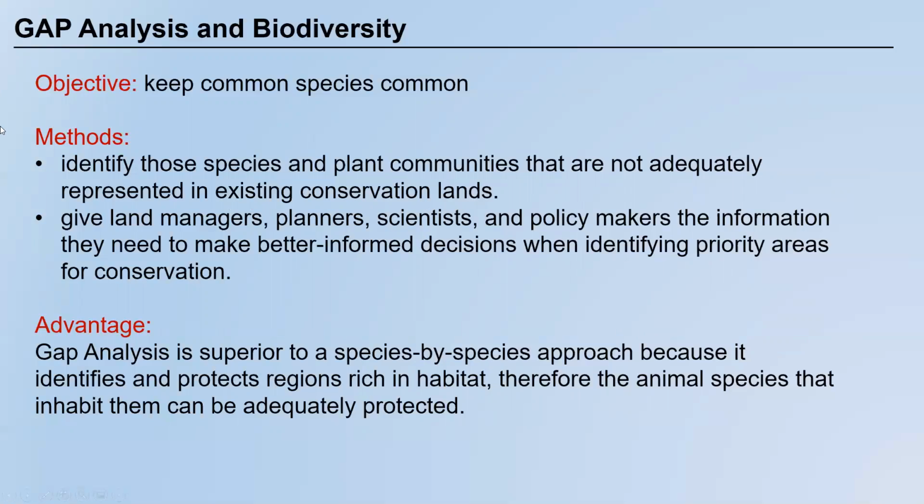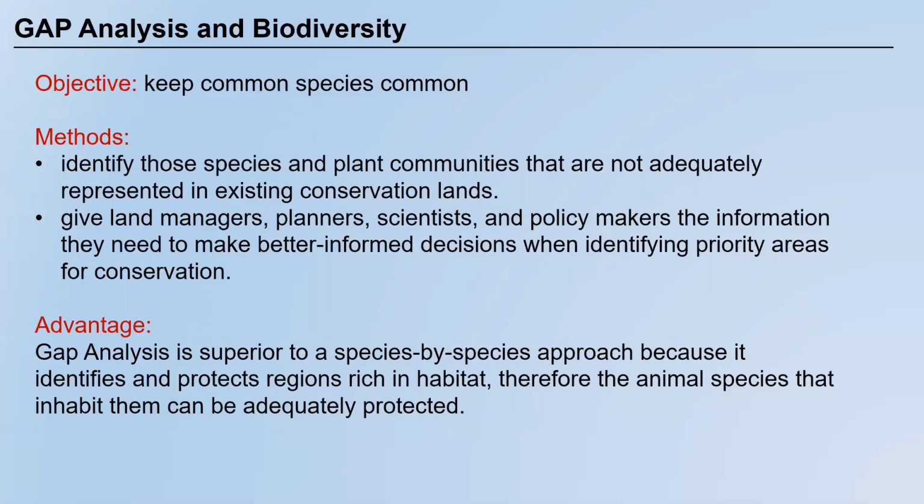And give land managers, planners, scientists, and policymakers the information they need to make better informed decisions when identifying priority areas for conservation. This is especially important today in the context of fast urbanization around the world, right?